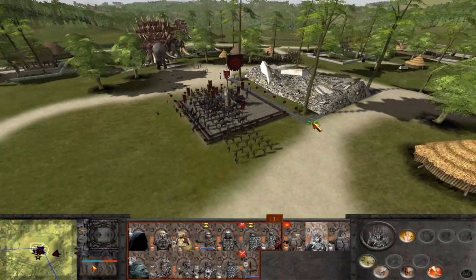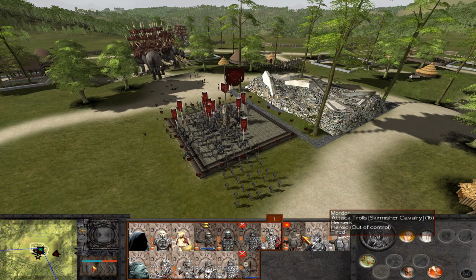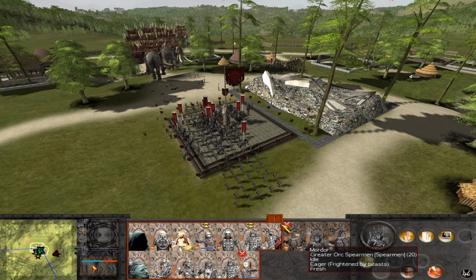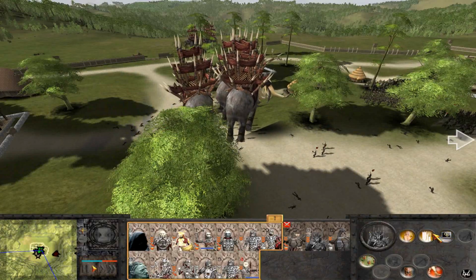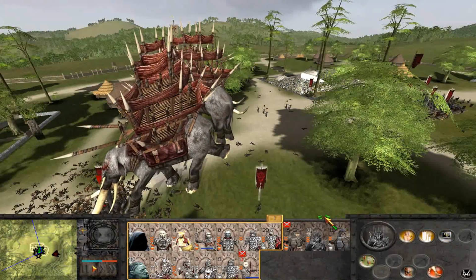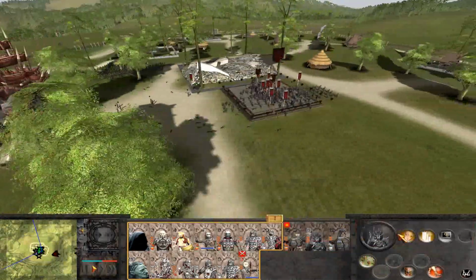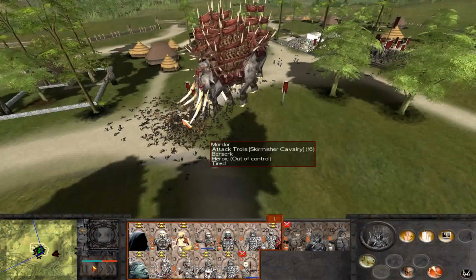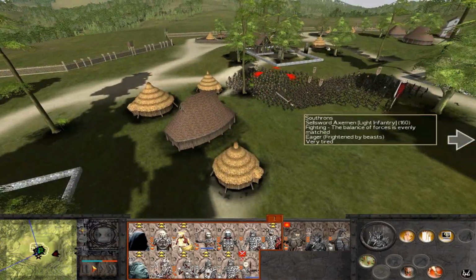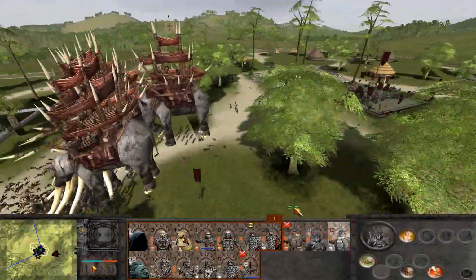They don't listen to orders anymore. Probably I placed them in guard mode previously, so that might be why. Attack those guys.